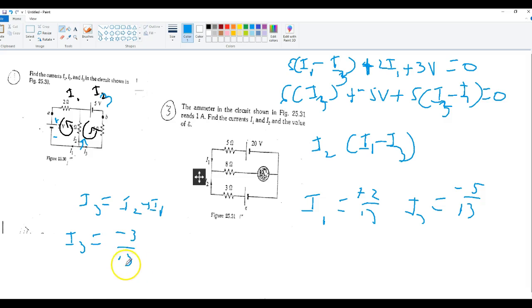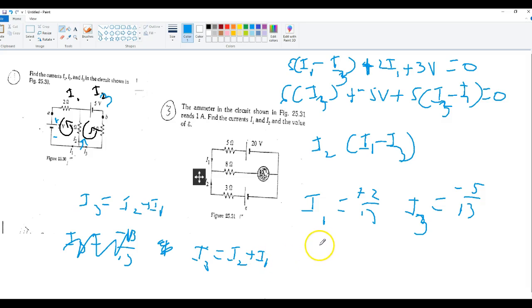Or rather, no, I'm completely wrong. Sorry. So I3 is, oh no, that's right. No wait, we gotta solve for I2. That's what I want. So I3 is equal to I2 plus I1.